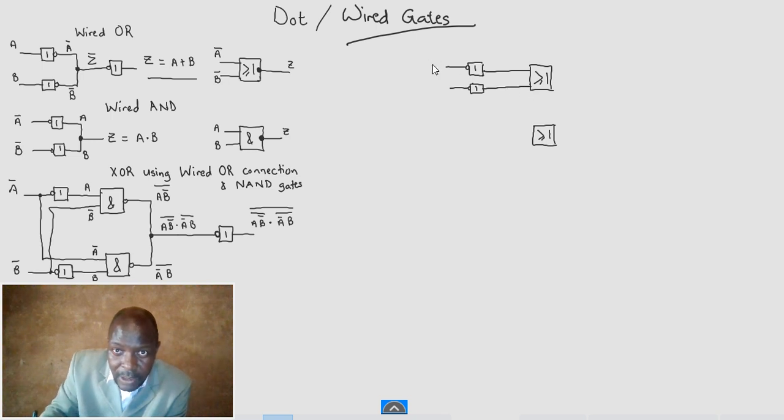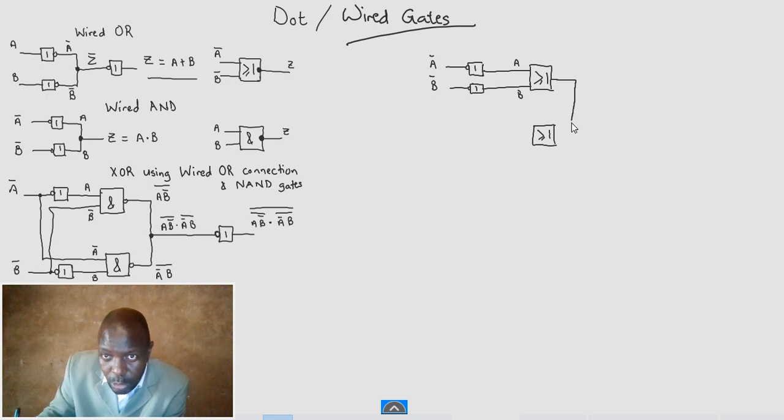Okay, let's have not A, not B, that will be A, that will be B. So our output here, there has to be wired, it's a wired gate, wired, okay, there is our output.